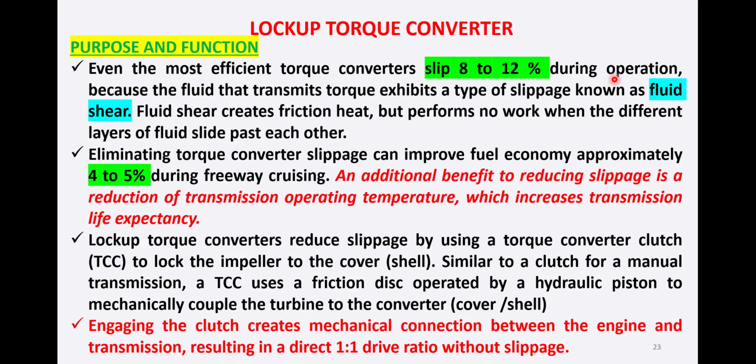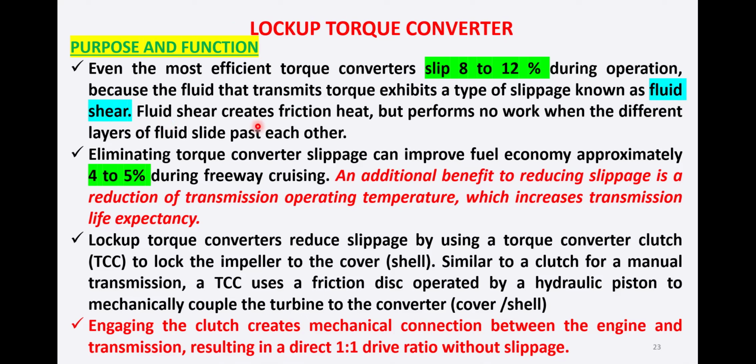So there is a wastage in a torque converter, that is the torque converter slip, 8 to 12% during operation because of the fluid hydraulic properties. The fluid that transmits torque exhibits a type of slippage known as fluid shear.